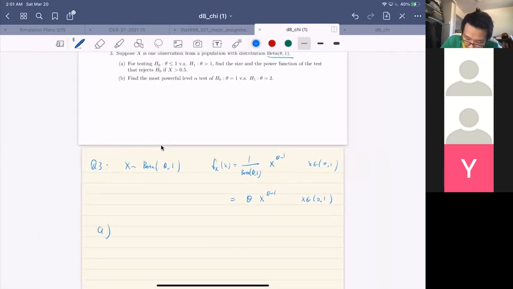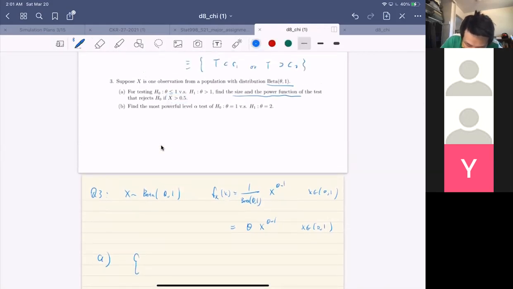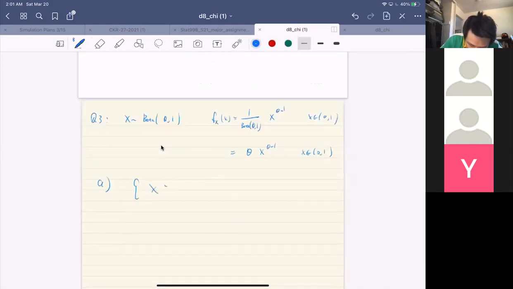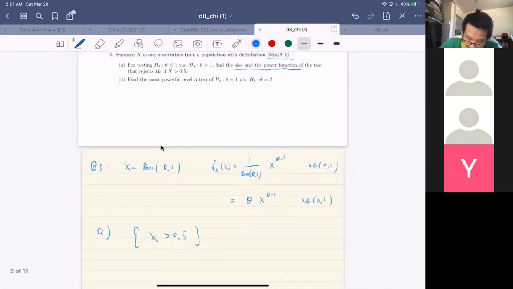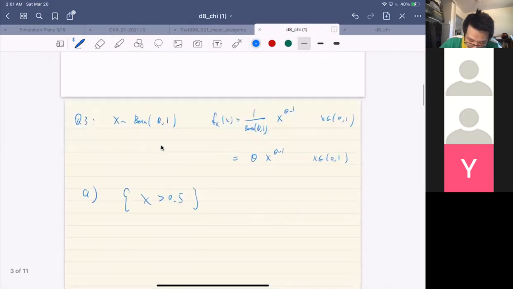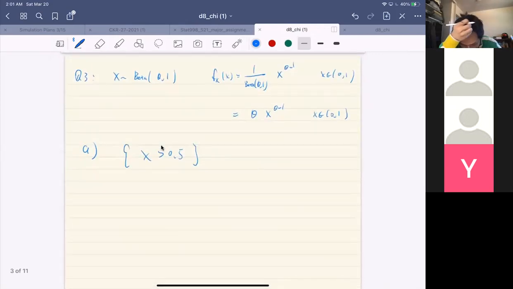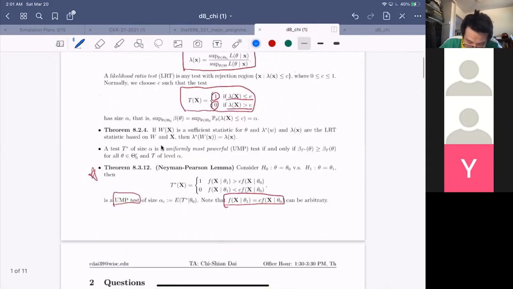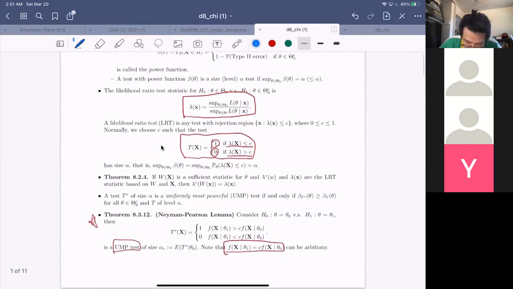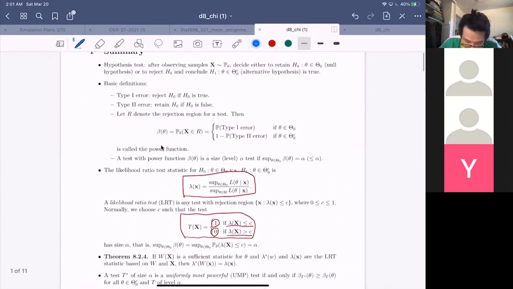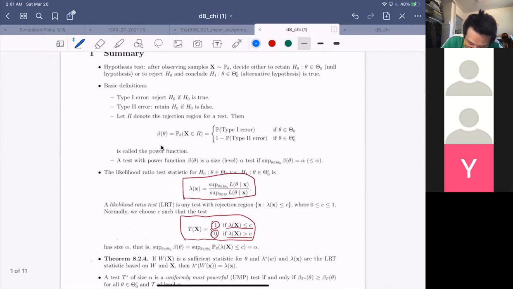For part A, we want to find the size and power of the test. We have a rejection region if x is greater than 0.5. This is the rejection region. So let's use the notation like this one.